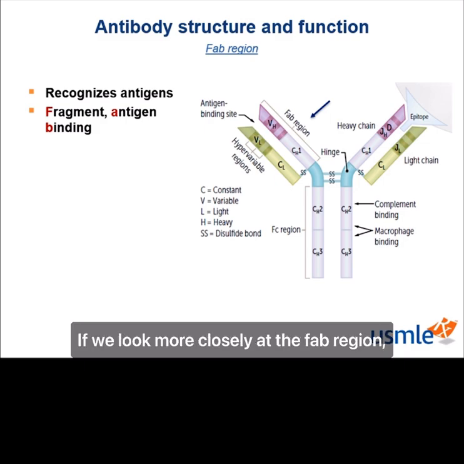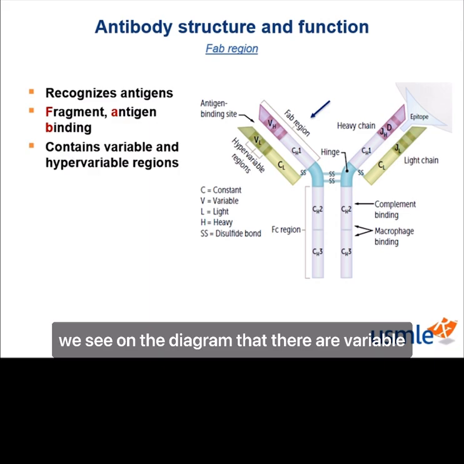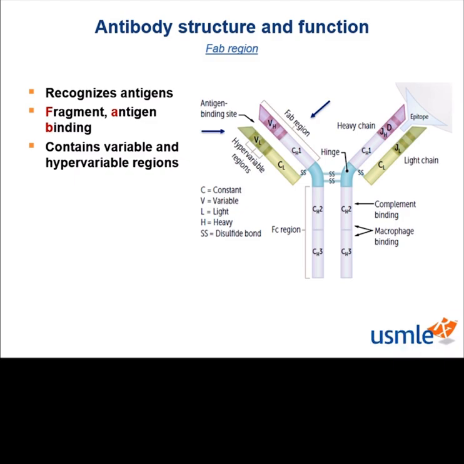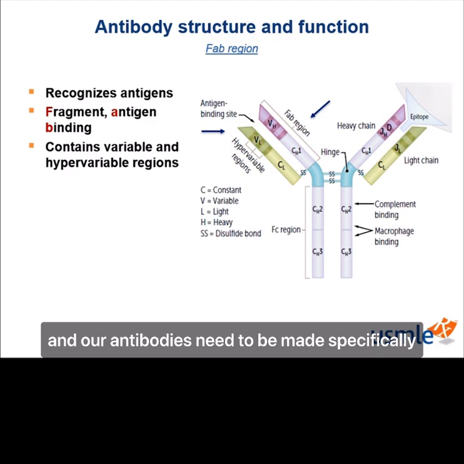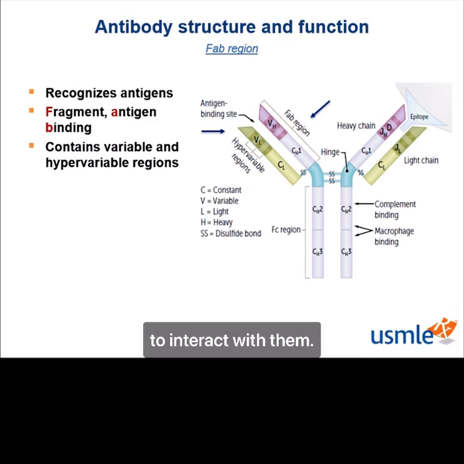If we look more closely at the Fab region, we see on the diagram that there are variable and hypervariable regions at the tips of the Y. Why do these have to be variable or different? You're right if you're thinking that there are so many different antigens out there, and our antibodies need to be made specifically to interact with them.